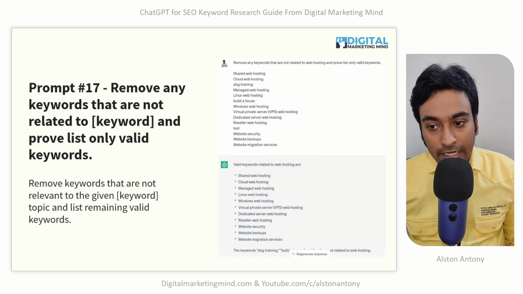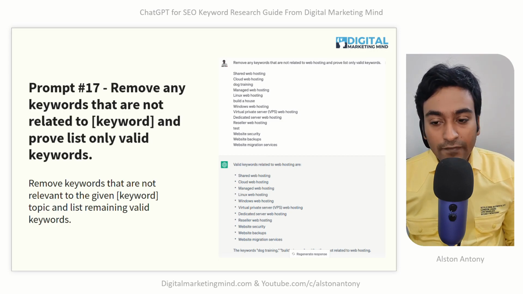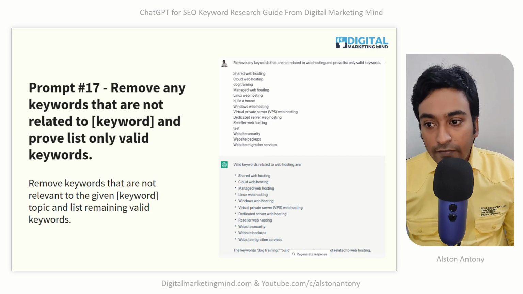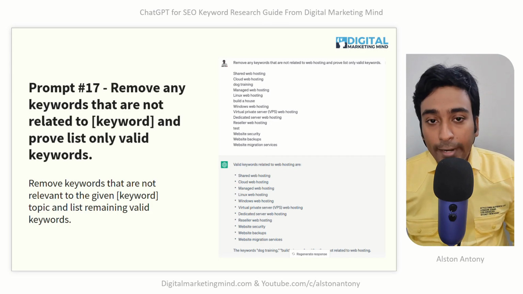Prompt 17: remove any keywords that are not related to the keyword and provide, I made a spelling mistake on that, provide a list of only valid keywords. This is also a good one. Let's say for example we have 100 keywords, and in those 100 keywords I don't want any keywords which are not related to web hosting or my particular niche.